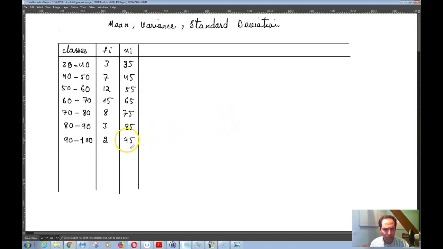Now if you want to calculate the mean over here, your x bar is going to be equal to sigma f of i x of i divided by sigma f of i. And you see that you have to multiply all of these numbers together, which is not very straightforward.